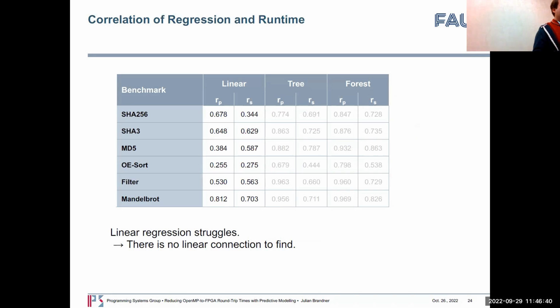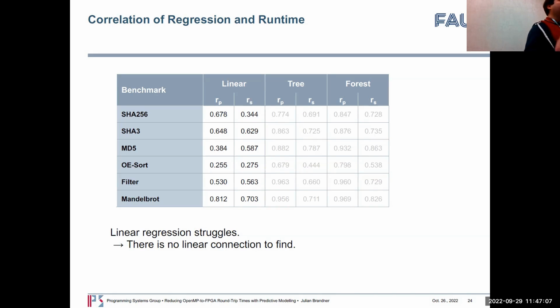The linear model, well, it produced better numbers than each of the naive approaches from the two slides before. The linear model predicted the performance better than every single resource on its own, but the numbers are not high enough to be used still, I think. The reason being probably that there is no linear connection between hardware usage and performance.